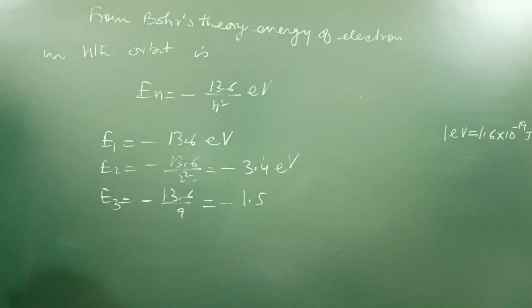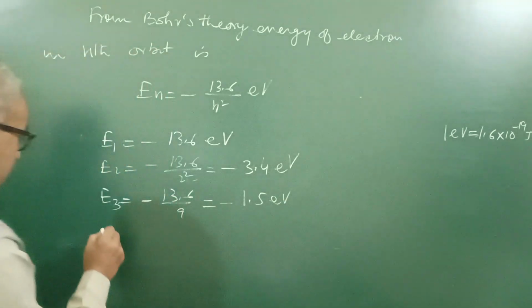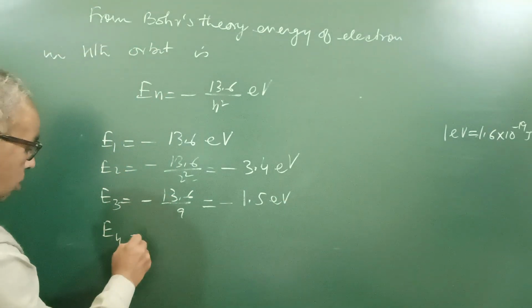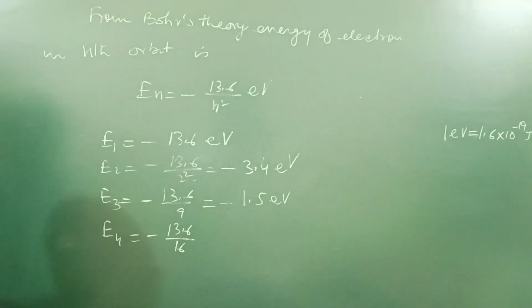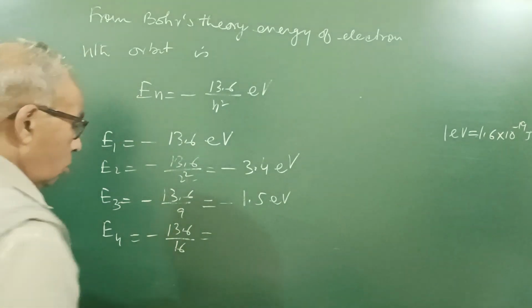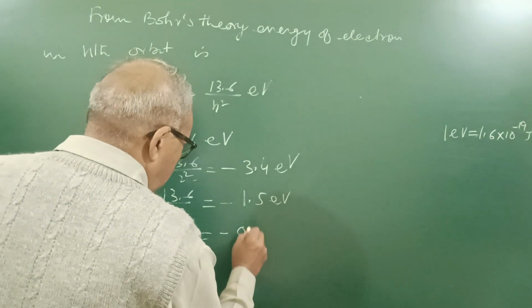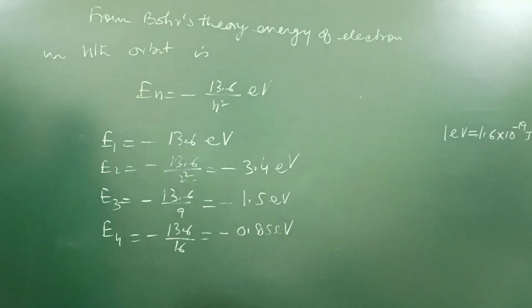E4 is minus 13.6 upon 4 square, which is equal to nearly minus 0.85 electron volt.